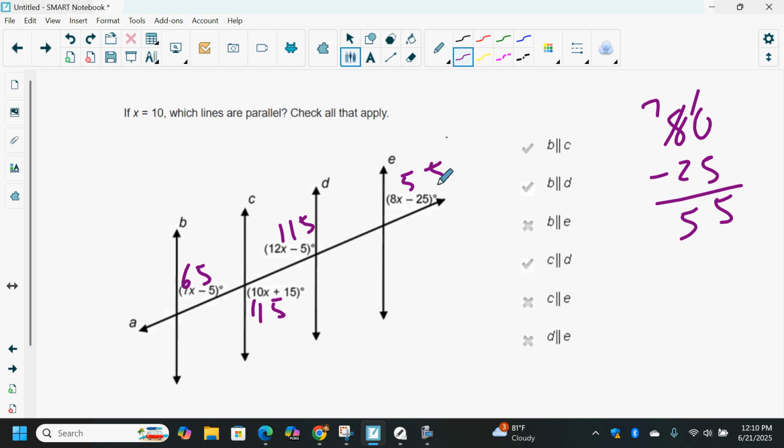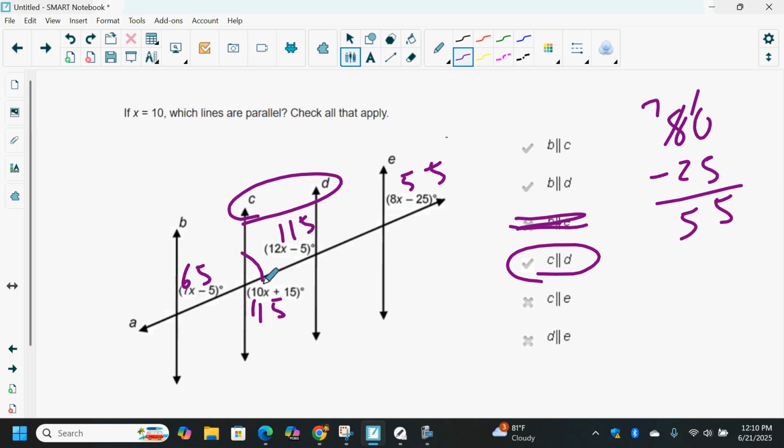Okay, so I know that C and D are parallel to each other because their alternate interior angles are equal. I know that B and E are not, because these two would be equal to each other. I then want to figure out what this angle would be.